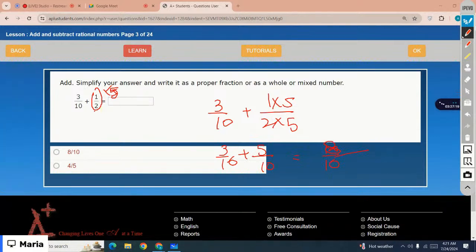And you can write it in lowest form. So you can just divide them by the greatest common factor, that is 2. 4 over 5.